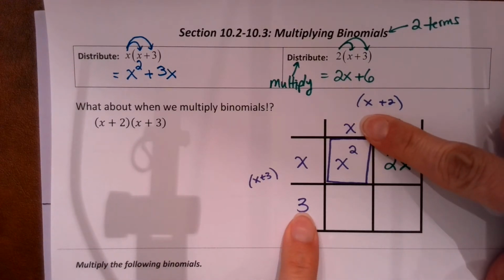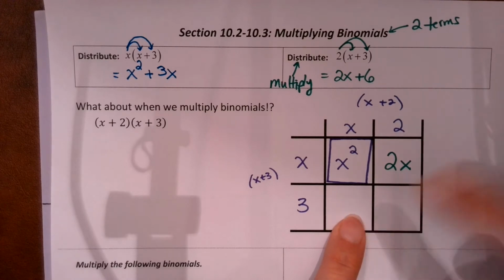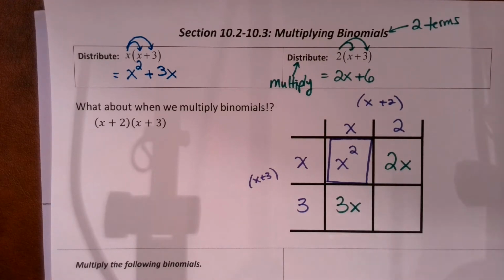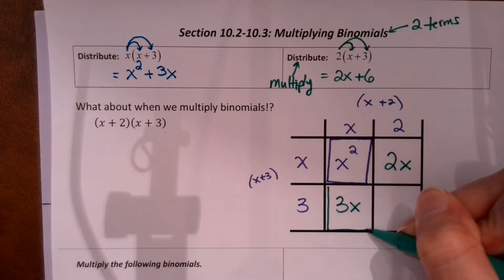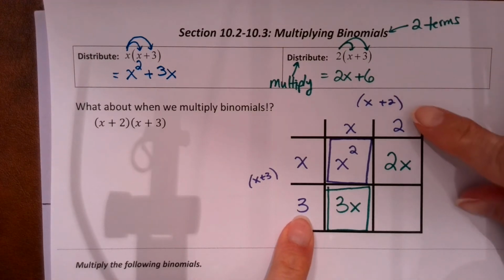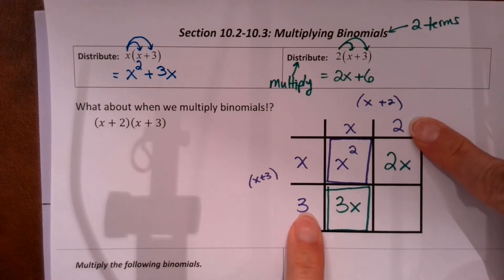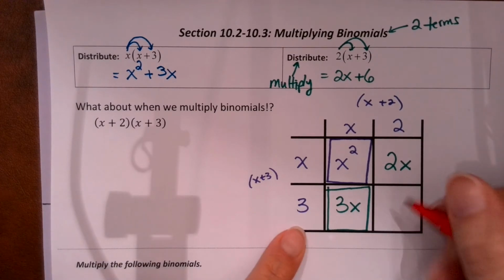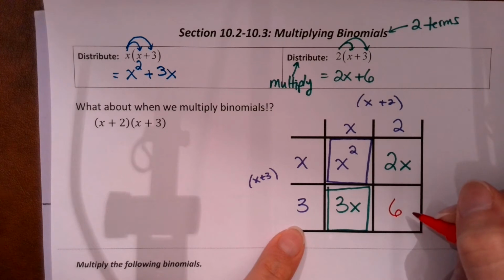These 2 things multiply together to form this box, which is 3x. And then finally, I'm going to multiply 3 times 2. These 2 boxes get multiplied to form the answer there. 3 times 2 is 6.